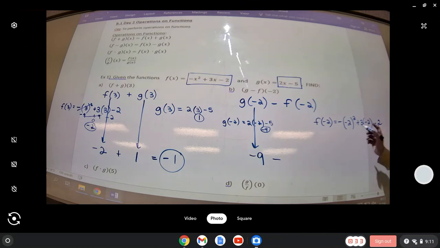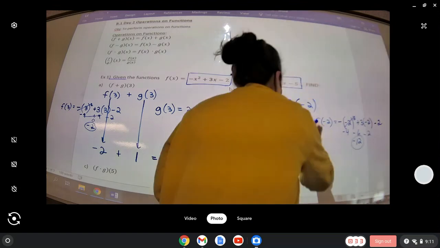I'm not going to use my calculator yet. That's going to be 4 times a negative is negative 4. 3 times negative 2 is negative 6, and we bring down the minus 2. From left to right, negative 4 minus 6 is negative 10. Negative 10 minus 2 more is negative 12. So now you get negative 12 out when you plug a negative 2 into function f.